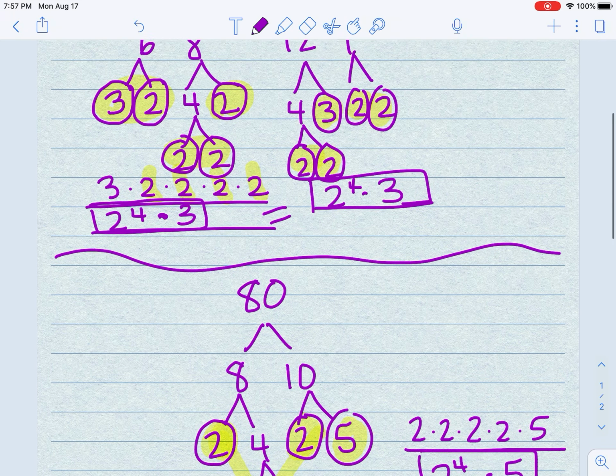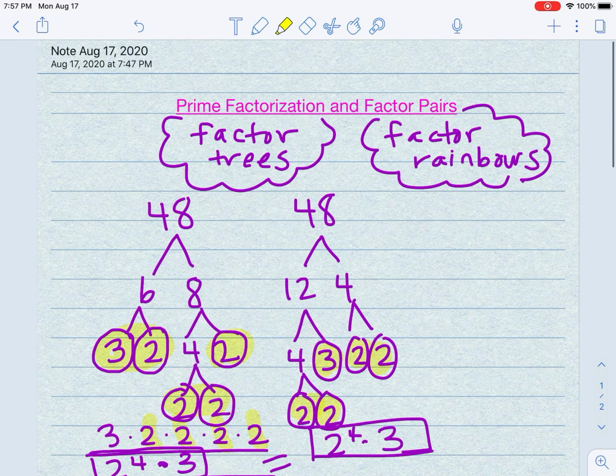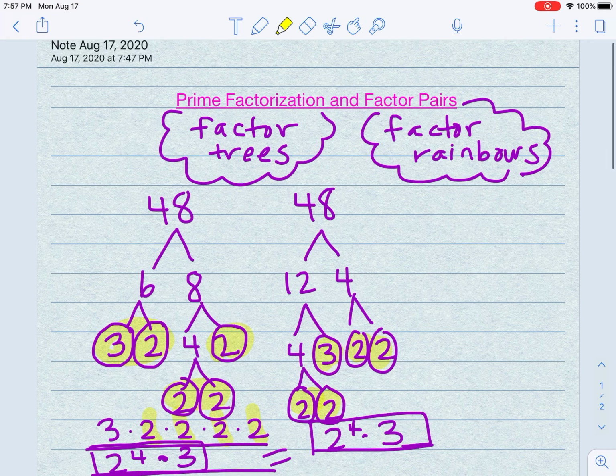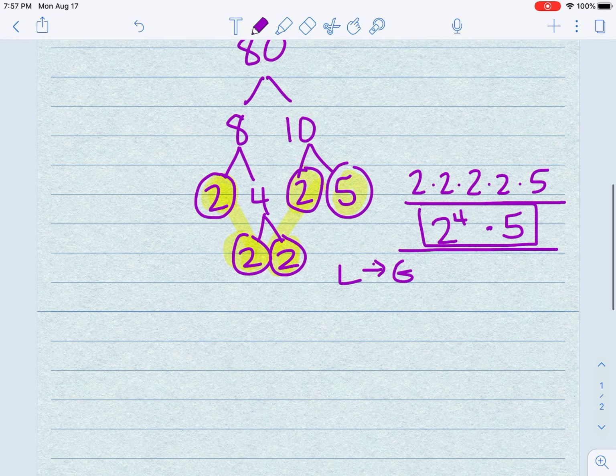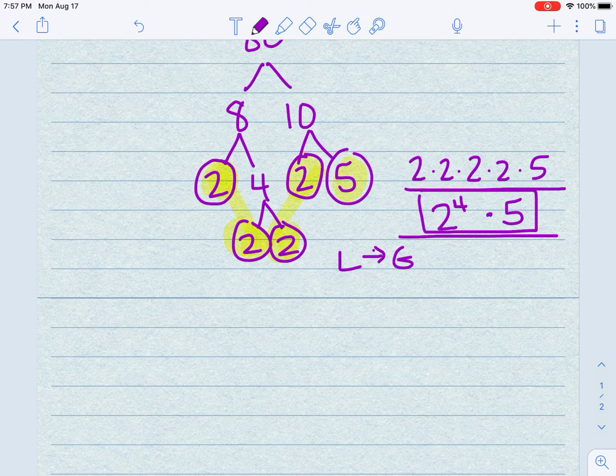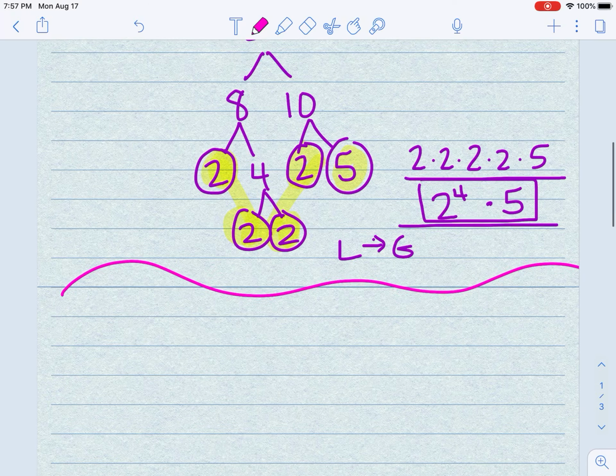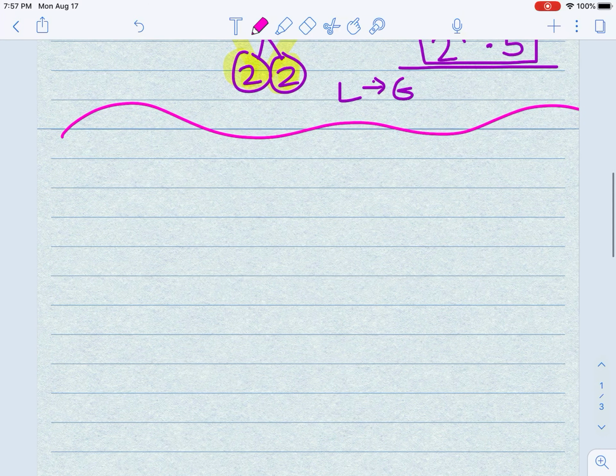Okay, now let's talk about the other topic up here, which was factor pairs, and we use factor rainbows to find those. This would be like the number, I'll pick a hard one, 24.